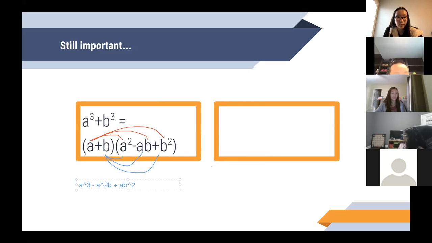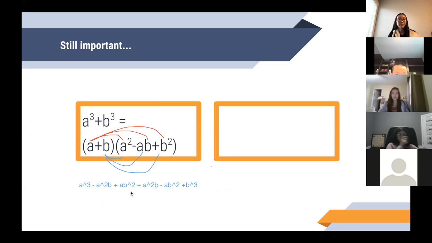Then B times A squared is A squared B. I like to write them in alphabetical order so that we can see like terms better. And then B times negative AB is negative AB squared. So that's the whole thing if you distribute it out.